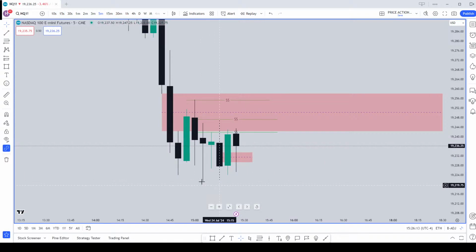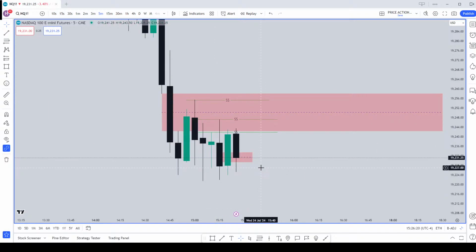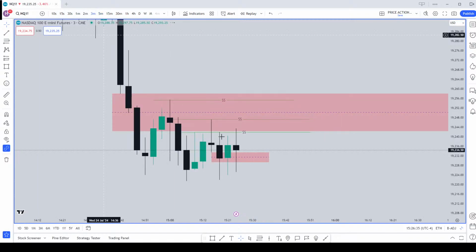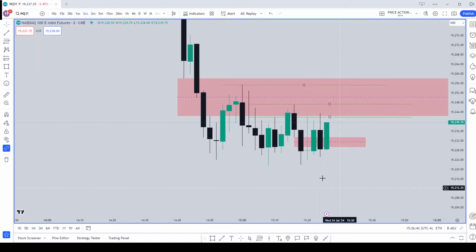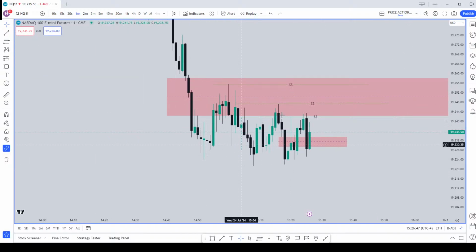Maybe wait until it takes out these lows, then aim for these highs, and then vice versa. You see a bunch of wicks on the 3-minute, the 2-minute. Yeah, a major range zone here. A lot of range.